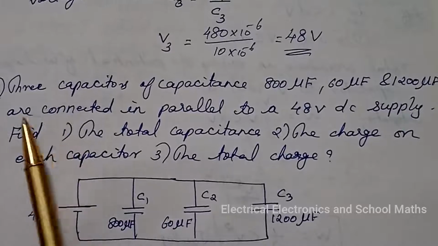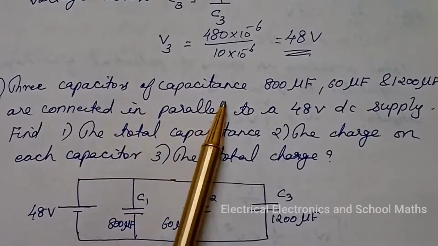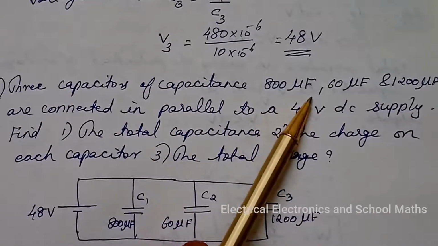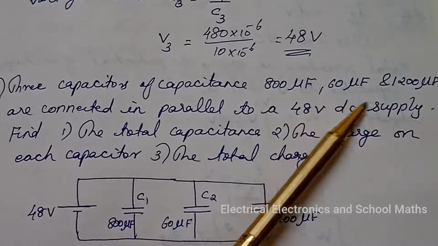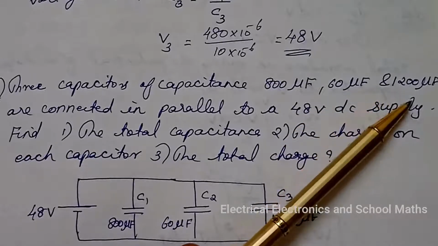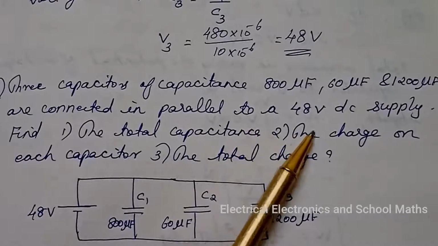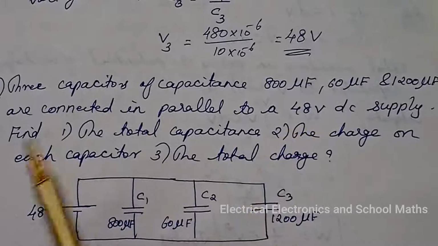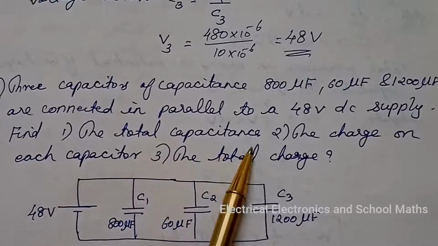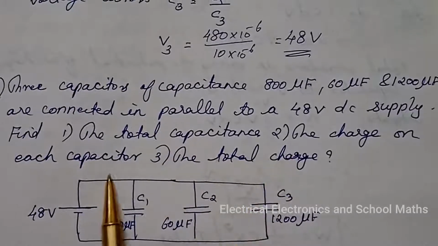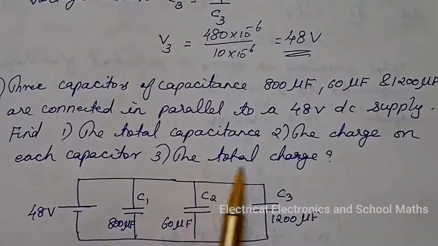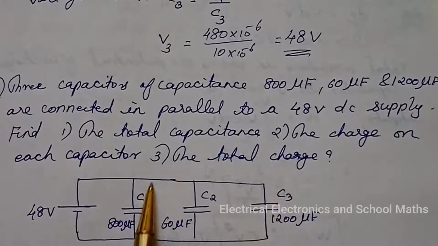Next question, 3 capacitors of capacitance 800 microfarad, 60 microfarad and 1200 microfarad are connected in parallel to a 48 volt DC supply. Find the total capacitance, the charge on each capacitor and the total charge.